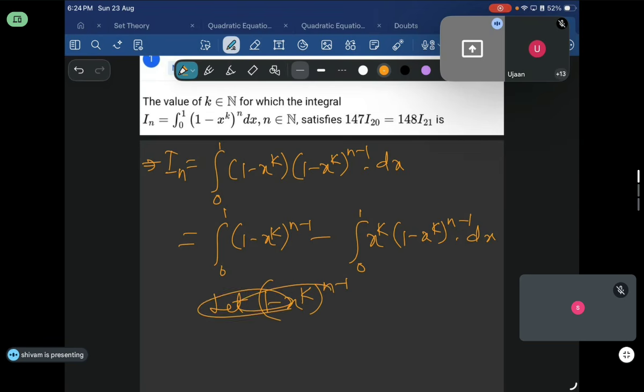Oh wait a minute, over here I think I have to use the UV rule. Okay, I can use UV rule, I guess. Differentiating this one, integrating this one. Let's see. So this first one will become In minus 1, right? Minus integral from 0 to 1 of x to the power k. Okay, let us use UV rule. Over here I am going to integrate (1 minus x to the power k) whole to the power n minus 1. Okay, let's see.